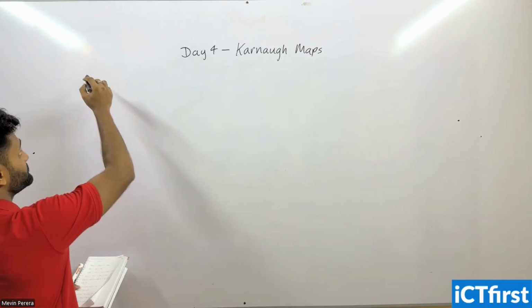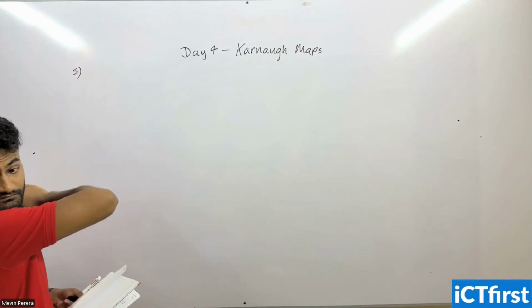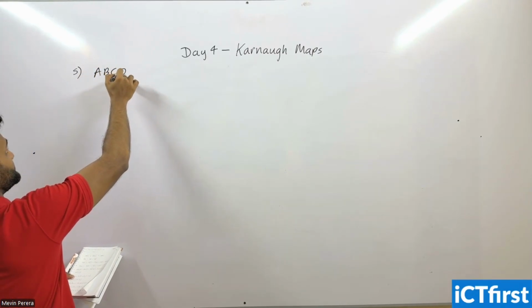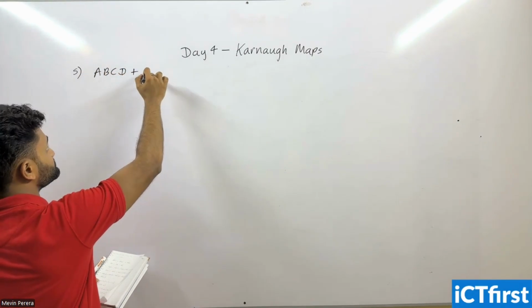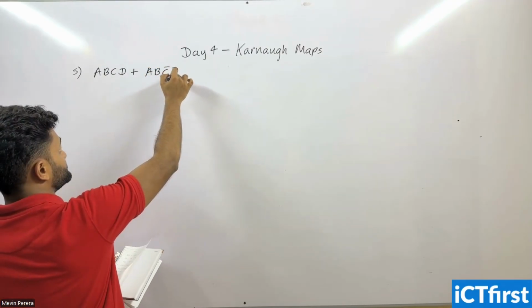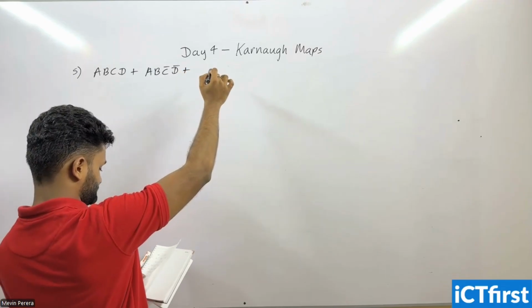Okay, so fifth one, A, B, C, D plus A, B, C bar, D bar plus.